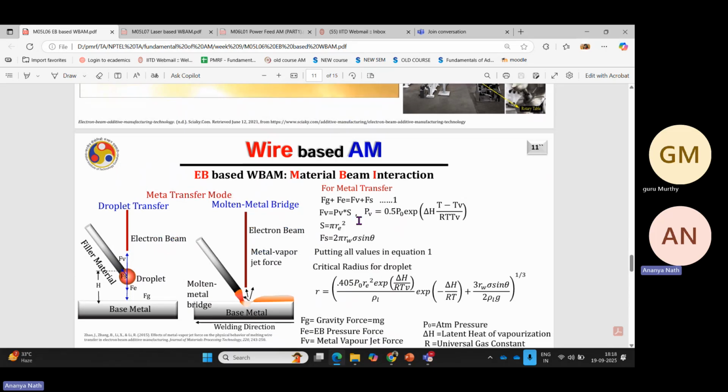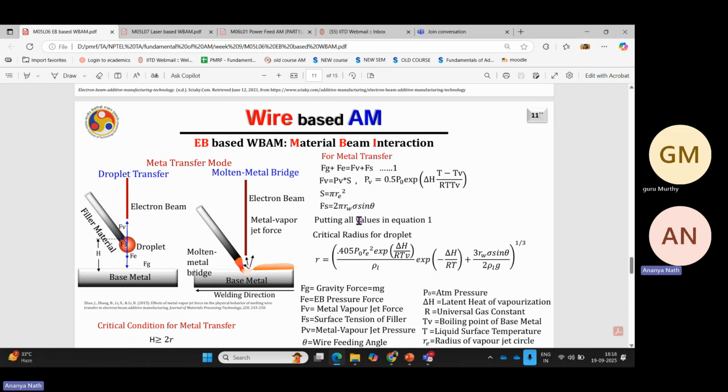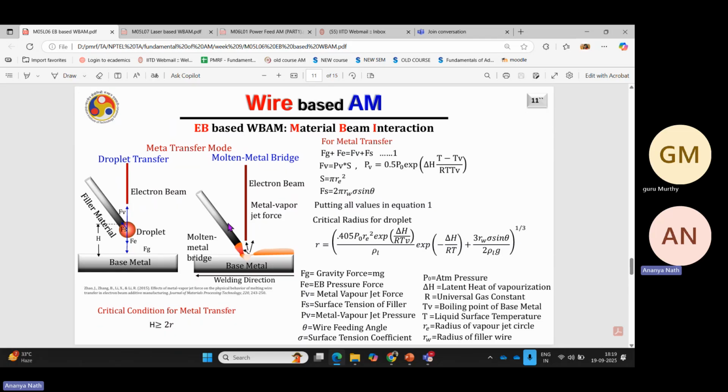The molten material transfer can happen in two ways. One is the droplet transfer. Basically your wire is a little bit farther away from your substrate. This is your substrate, which means this is the melt pool that will be forming, and your wire is a little bit farther away than this.